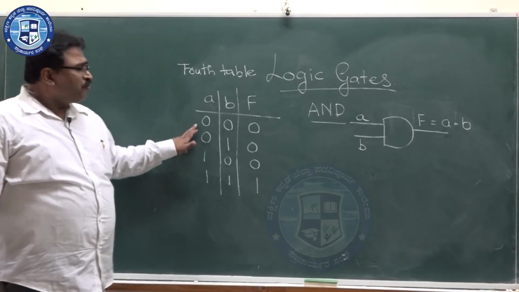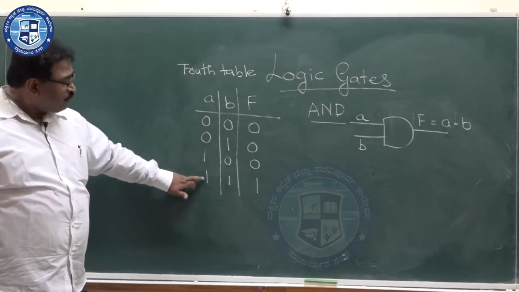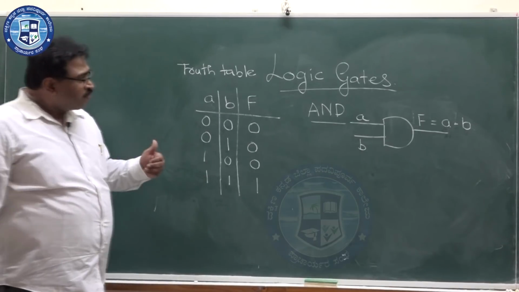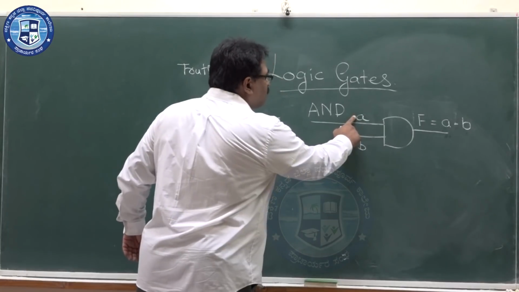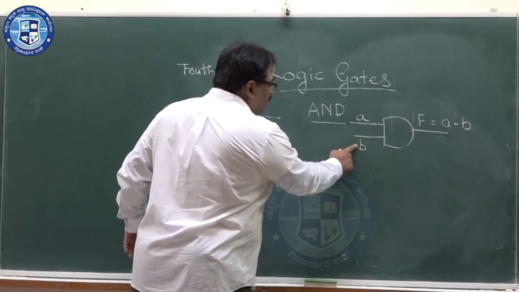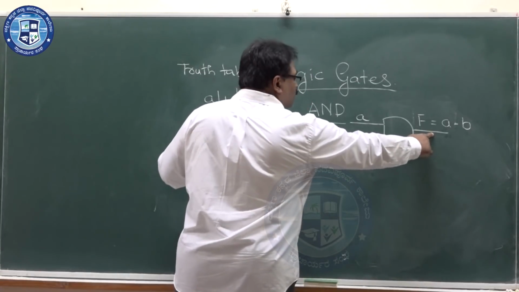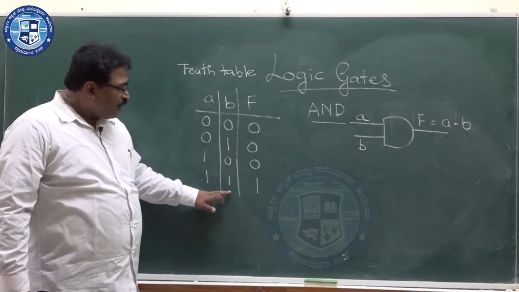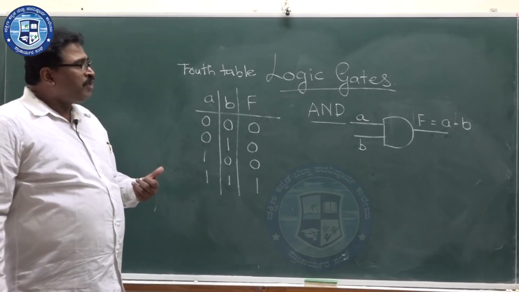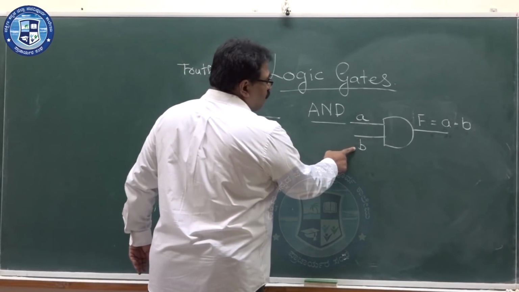Now it is very important for us to understand what you mean by 0, what you mean by 1. It means you are going to give 0 volts here and 0 volts here, and when we test over here, the output has to be 0 volts. I'll give one more example here, 1 and 1. What does 1 and 1 mean? You're giving here plus 5 volts, plus 5 volts.